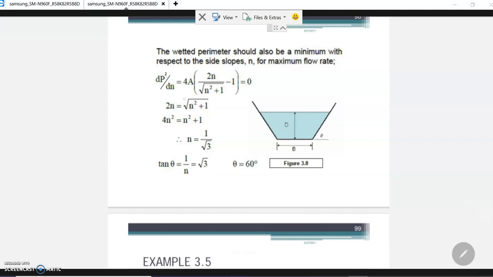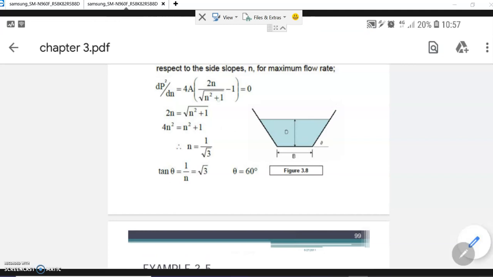Okay, so we solve this equation, and then you get this one. So we get N equal to 1 over square root of 3.